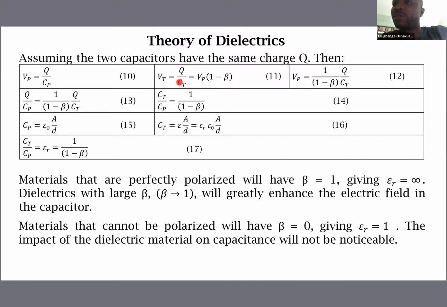And going on, with simple substitution, you can run down all this to equation 7. Like I've said about epsilon, epsilon is equal to epsilon subscript r and epsilon naught, where epsilon is the dielectric of the material and epsilon r is the relative dielectric, which is the ratio of the dielectric of the material to that of free space.